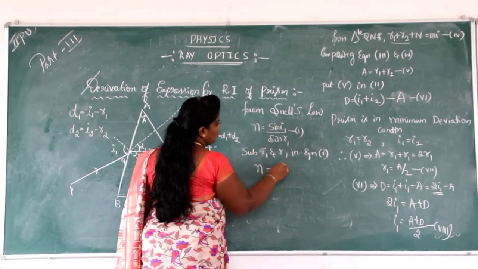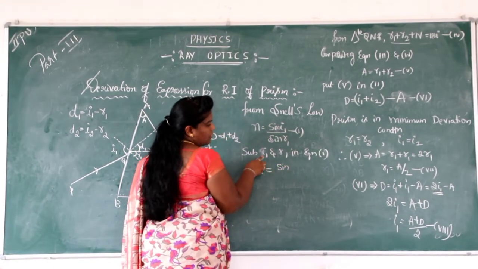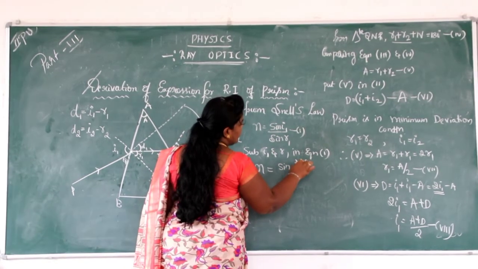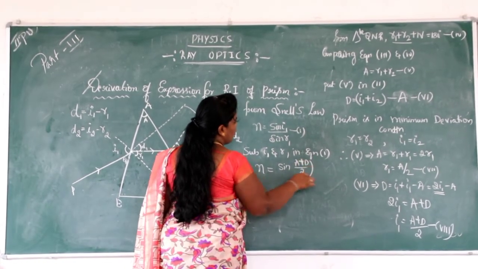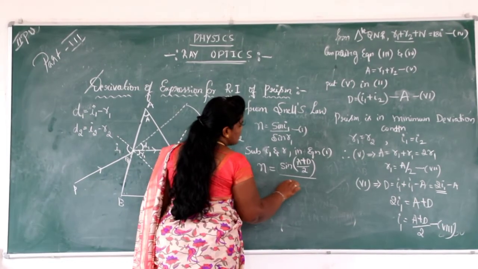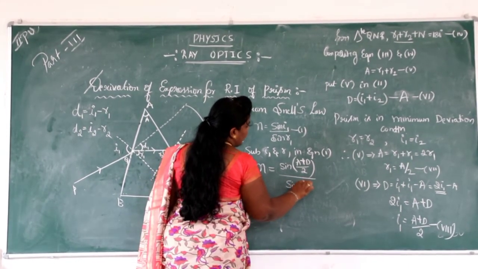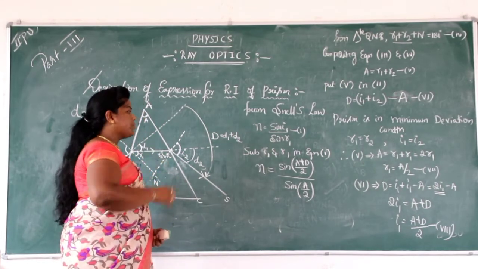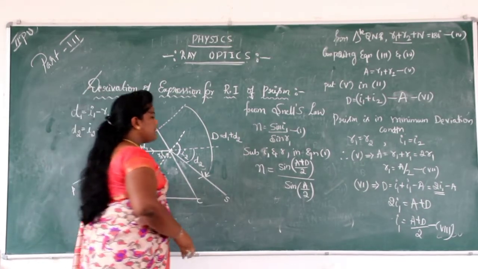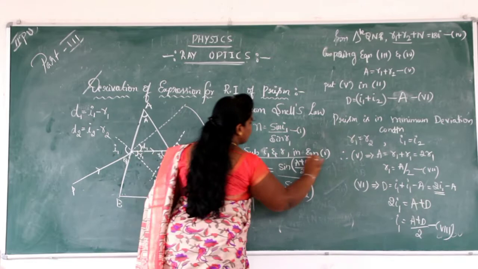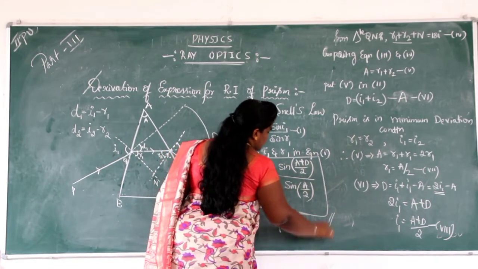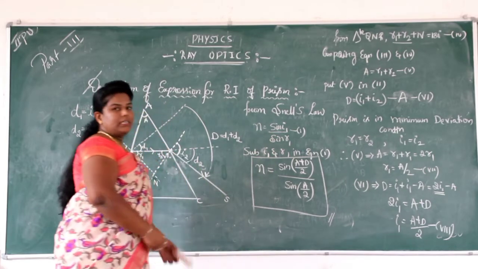n is equal to sine of, what is I1? I1 is (A plus D) divided by 2, all divided by, what is R1? Sine of A divided by 2. Finally we have derived the expression for the refractive index of a prism under minimum deviation condition.